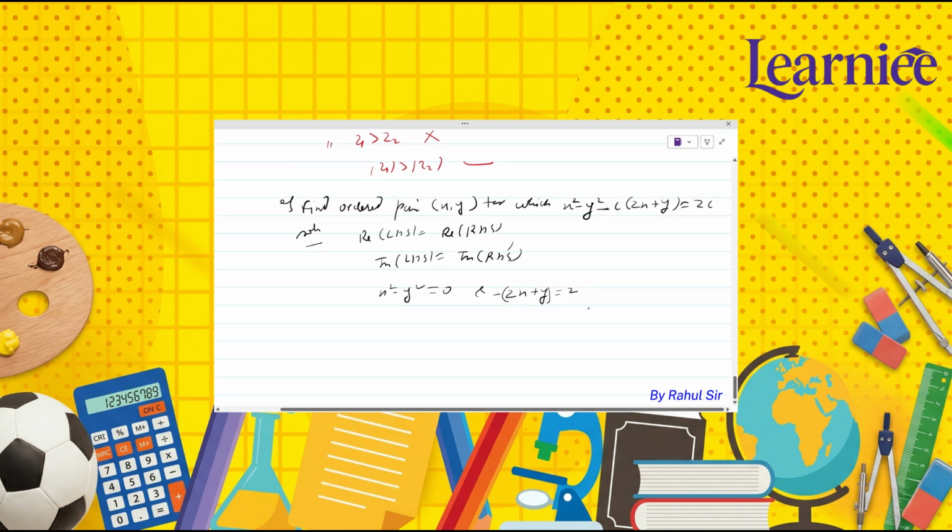So we can solve it. From here I can see that x is equal to plus minus y, and from here I get 2x plus y is equal to minus 2.